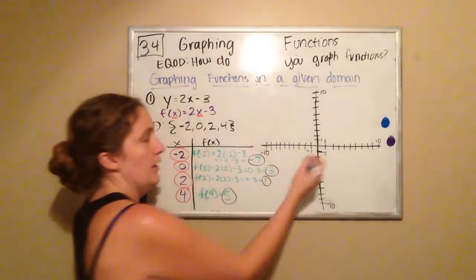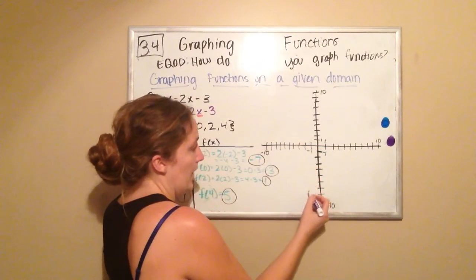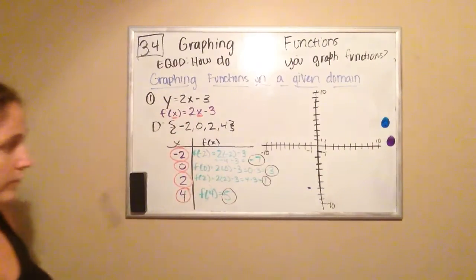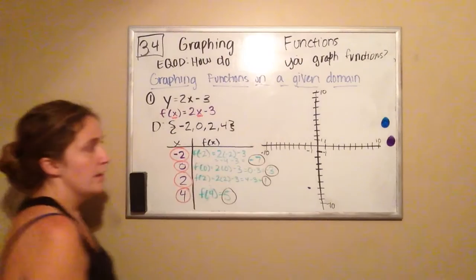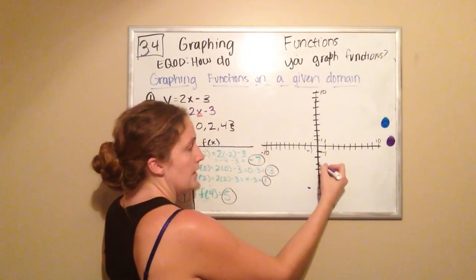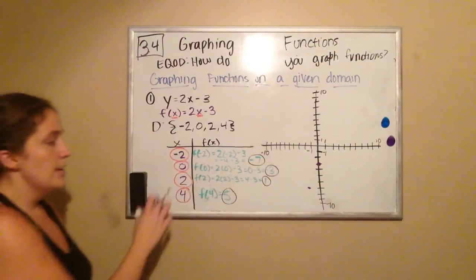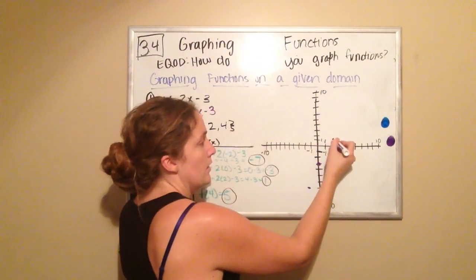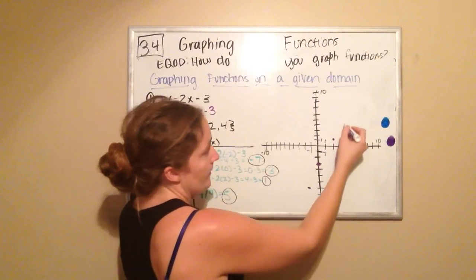So we're going to go -2 on the x, -7 on the y, and we end up right there. Our next coordinate point is 0, -3. So we go 0 on the x, -3 on the y, and we get a point right there. Right? 2, 1, and 4, 5.